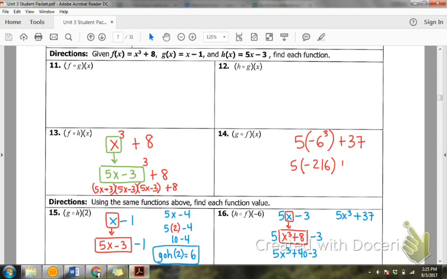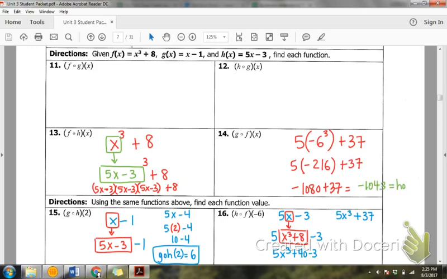Times 5 plus 37. What's 5 times negative 216? Negative 1,080. Negative 1,080 plus 37 is negative 1,043.